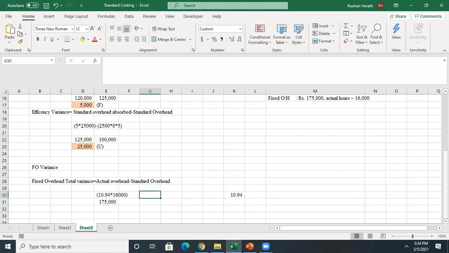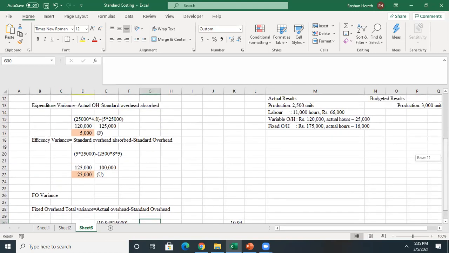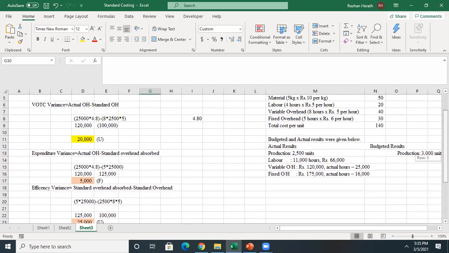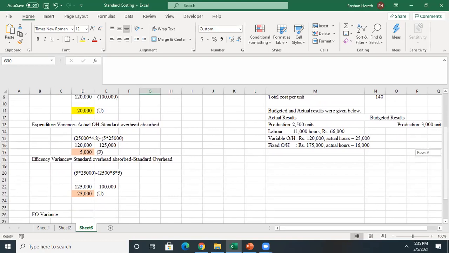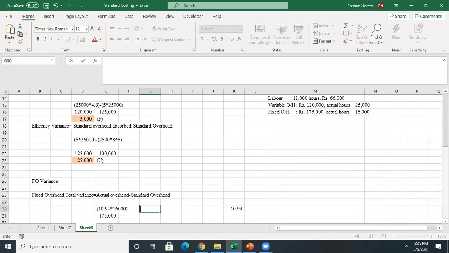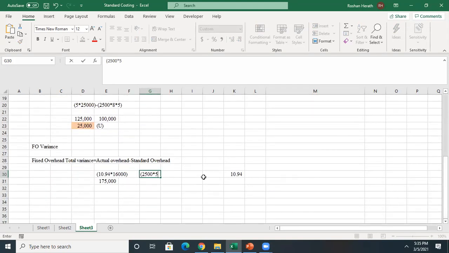Then the standard overhead, how does it go? Standard one for this, you have made 2,500 units. As per the standard, you are supposed to take 5 hours. So therefore, these 2,500 units can take 5, and that is the number of hours. And per hour, the absorption rate you're supposed to pay is ₹6.